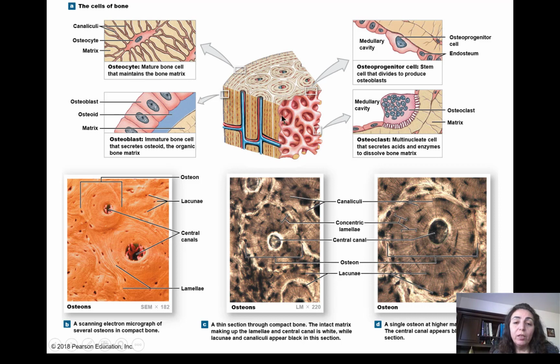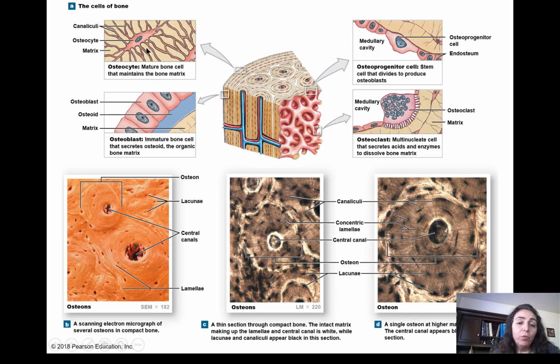Now we're looking at one small part of that. You see that we are going to talk about the 4 types of the cell in different parts. Later we're going to talk about all the structures in this bone, that is actually compact bone, in more detail later.